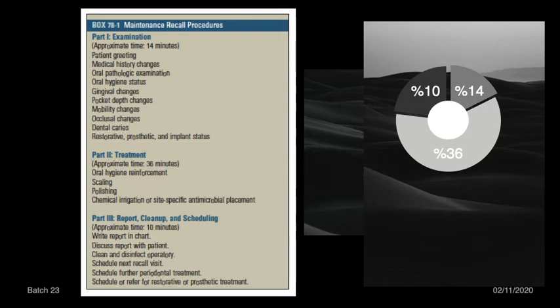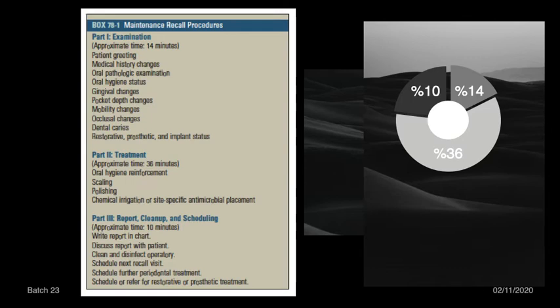Then comes the treatment phase, which consists of scaling, root planing, and polishing. If the patient requires, you can give chemical irrigation and antibiotics. This is comprised in part 2, the treatment part, which takes 36 minutes.